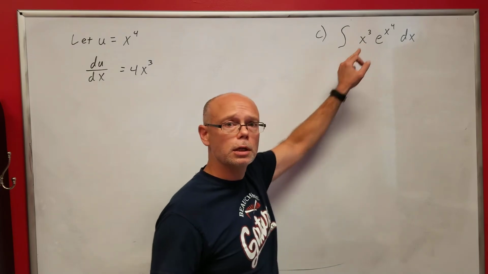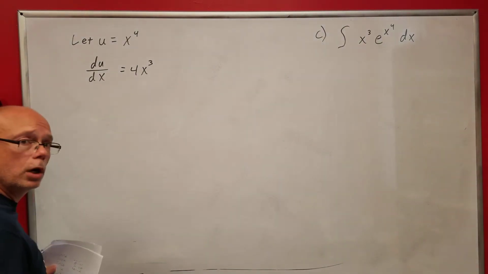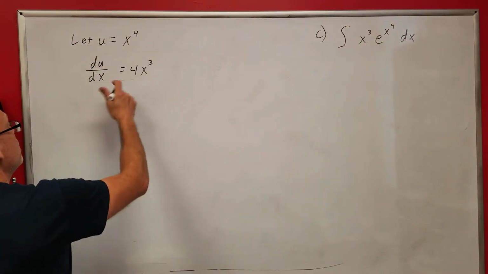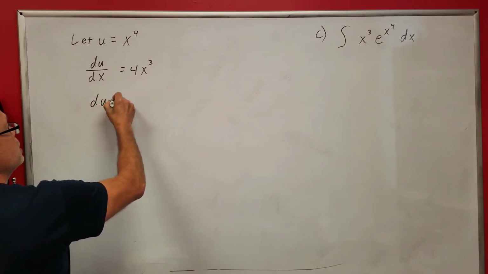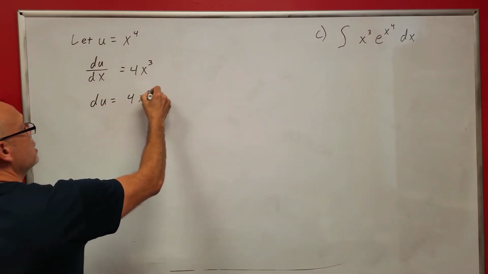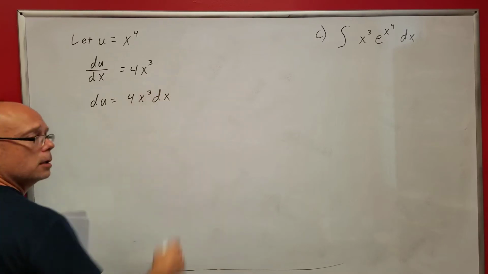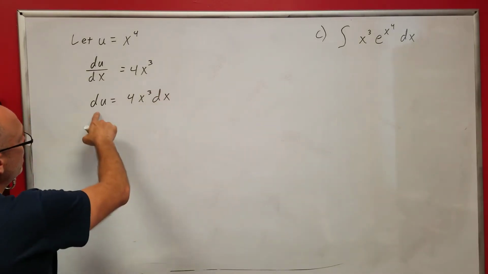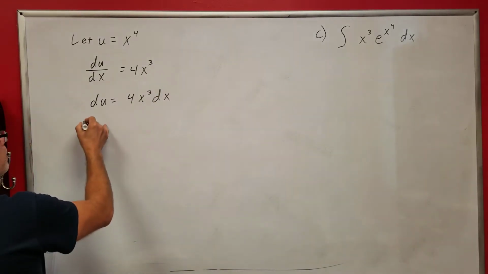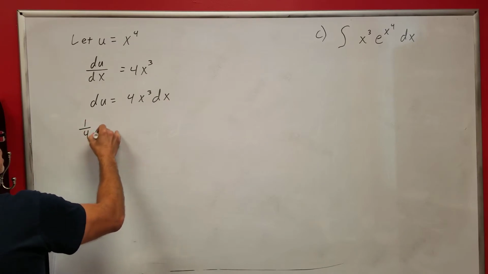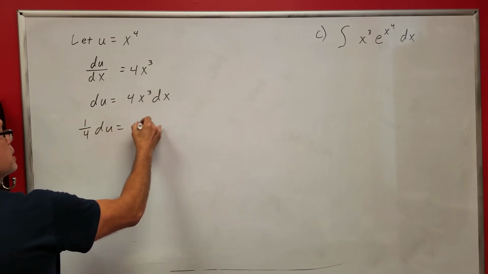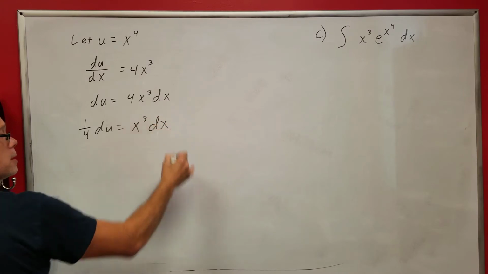Oh yeah, sure do. So that's probably going to work. Well, let's multiply both sides by dx. So du is equal to 4x cubed dx. And then we either multiply by 1/4 or divide by 4. And we get 1/4 du is equal to x cubed dx.